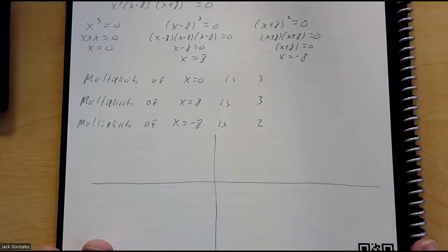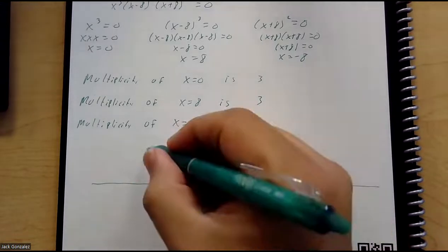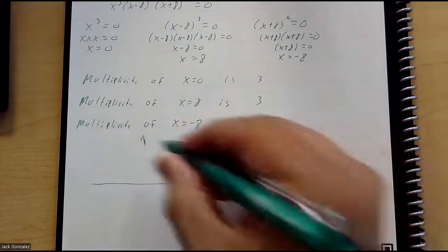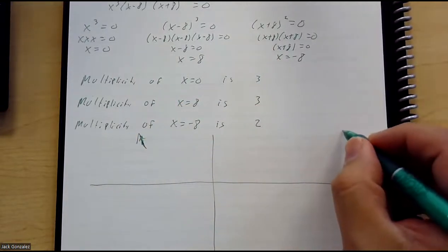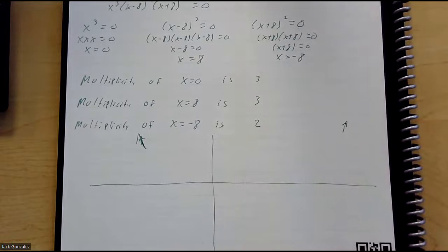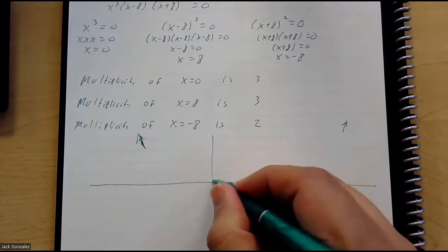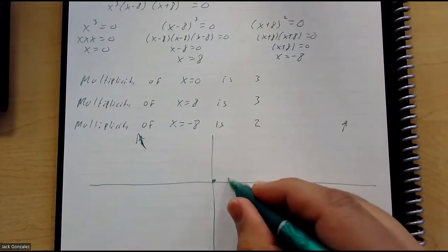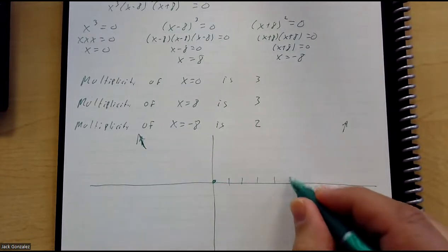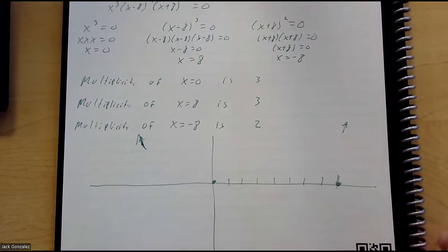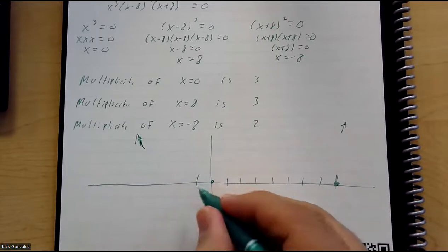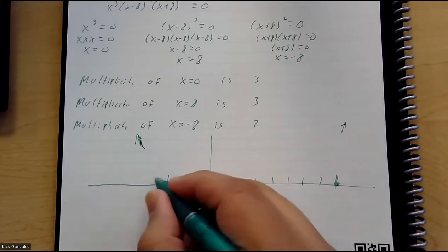And it's positive, so the end behavior will be pointing up. It'll be doing something like this. Now we have a 0 at 0 and at 8 and negative 8. Might have to redraw those arrows, but it's okay.